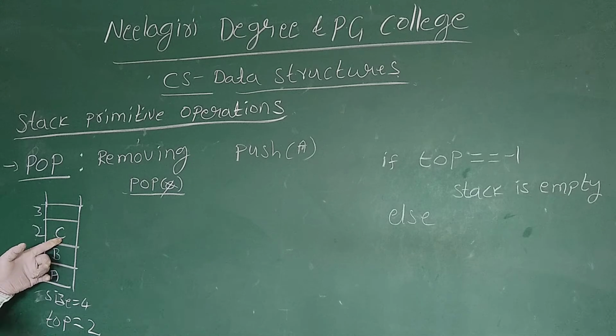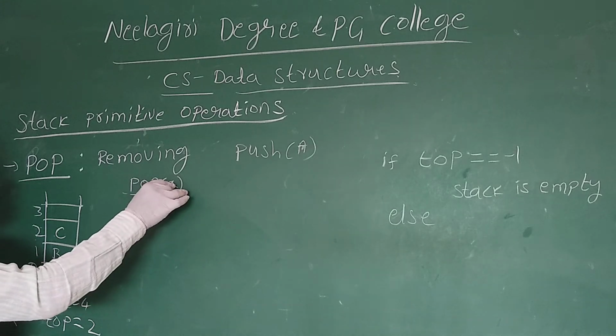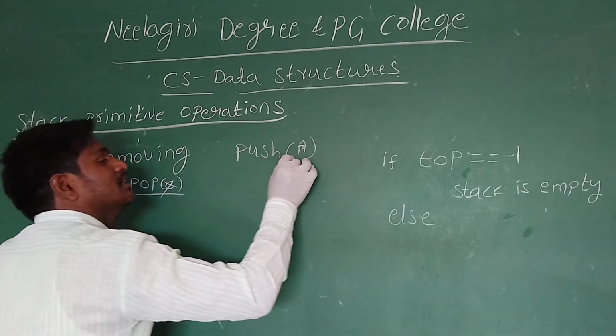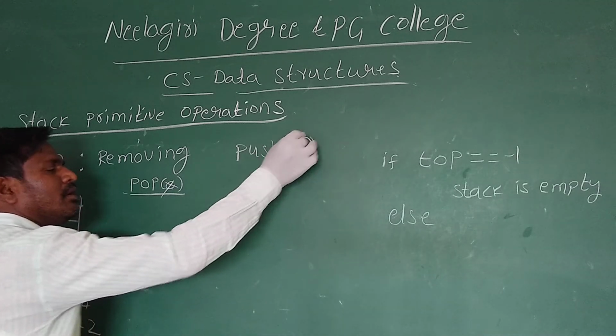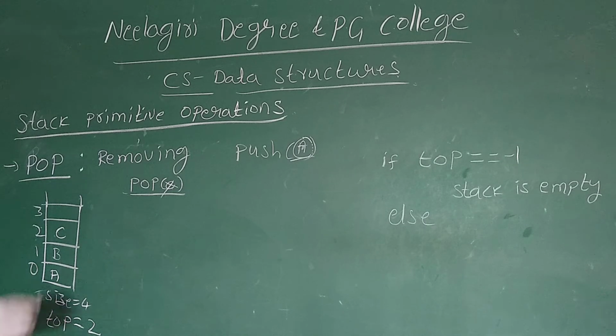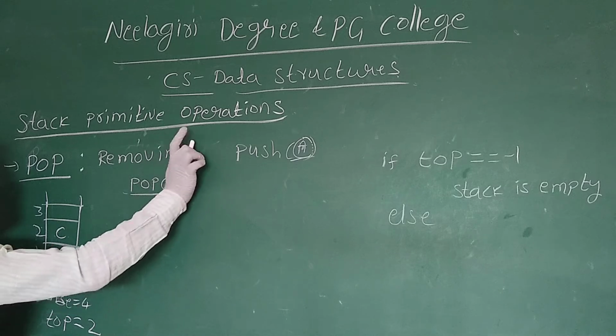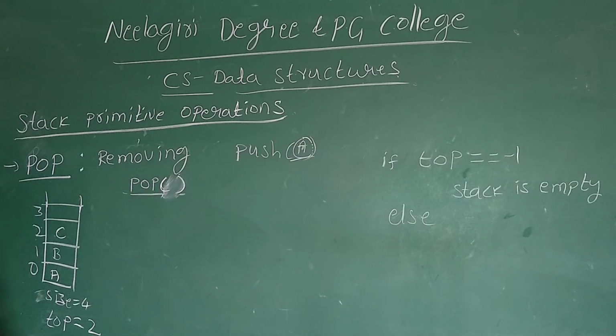So no need to give any element. In push, the position is set by the stack but the element name is given by us. Here only the topmost element will be removed, so there is no need to give any parameter.